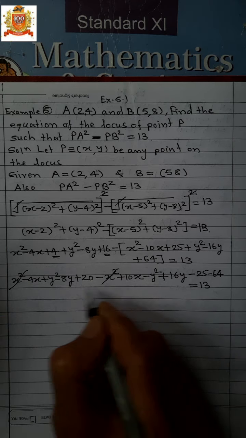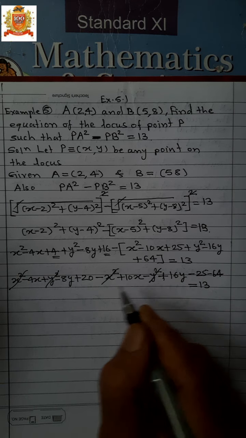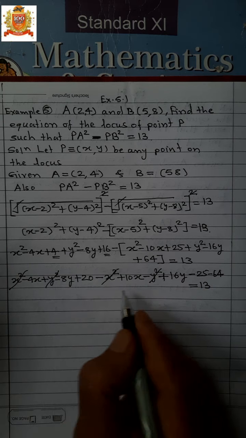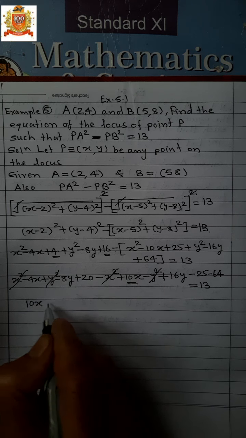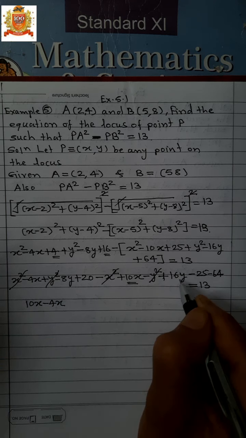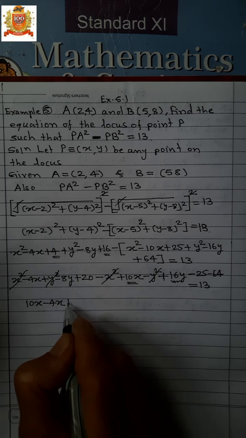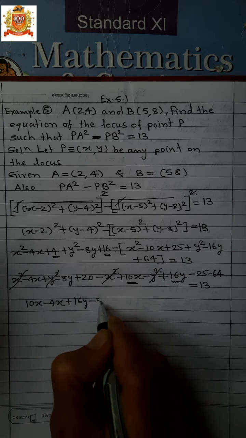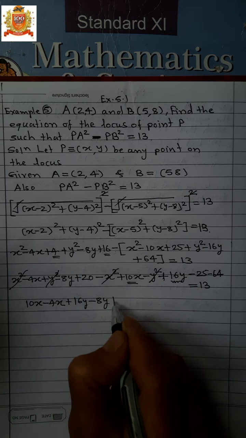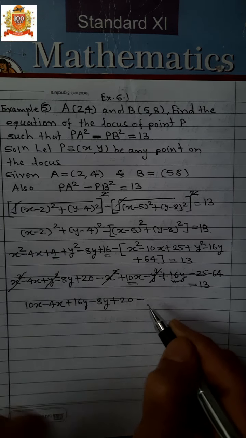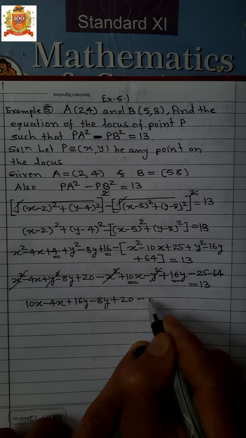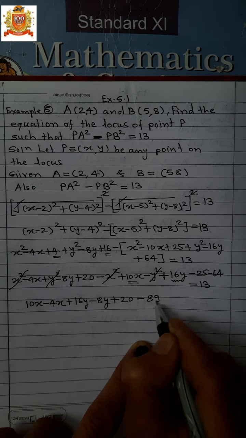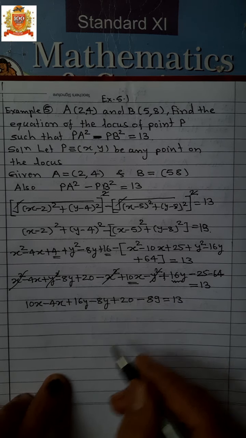Now x square gets cancelled, y square gets cancelled. Now first we will write 10x minus 4x, then plus 16y minus 8y, plus 20 minus 25 minus 64, that is equal to minus 69, is equal to 13, isn't it?